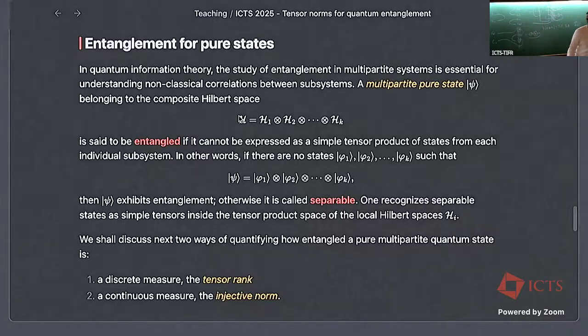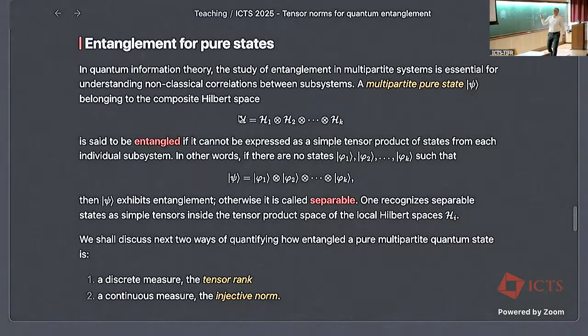Good. So now let's talk about entanglement, as I promised. And this will be the last topic for today. I'll talk about entanglement of pure states, and I'm going to look at multipartite pure states. So I'll consider a Hilbert space which is a tensor product of k Hilbert spaces.